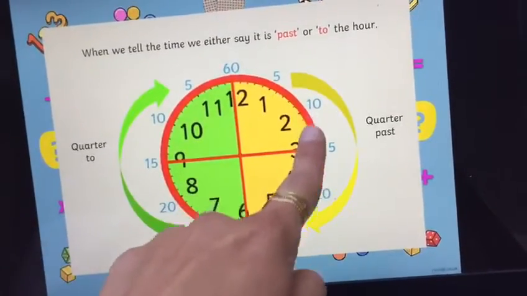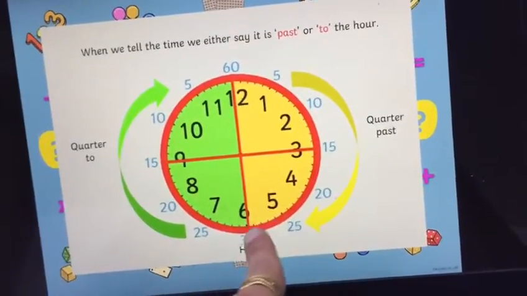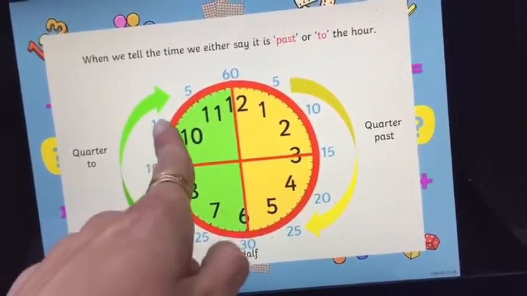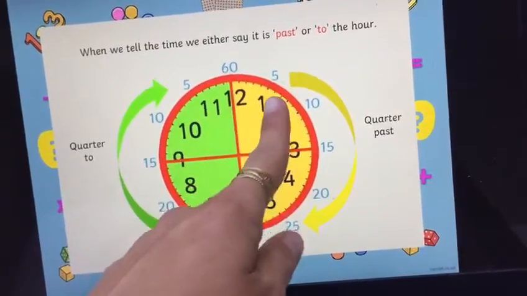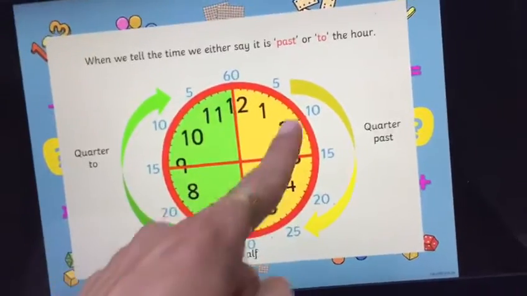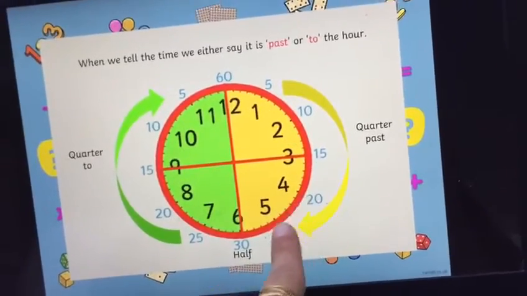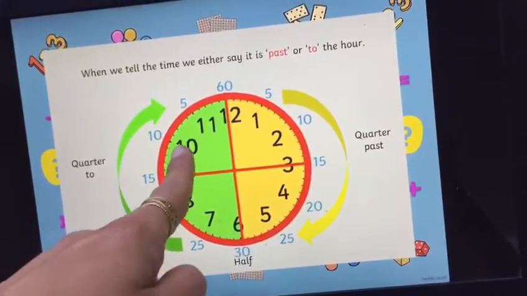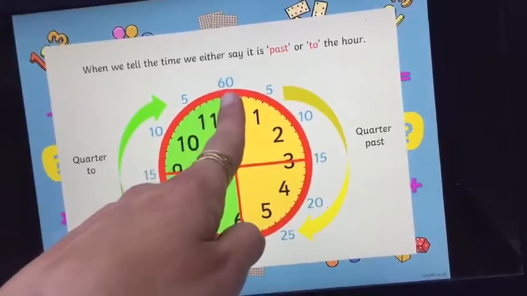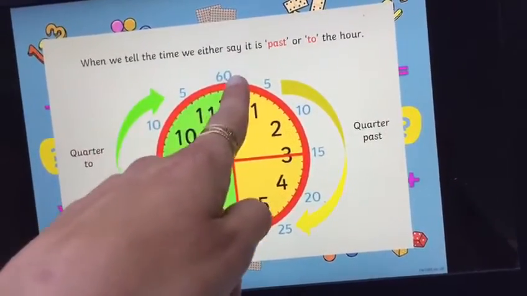All of those numbers, our counting in 5 numbers, can go just around the outside of our clock to help us remember the minutes past and the minutes to times, okay? So our 1 is 5 minutes past, our 2 is 10 minutes past, 15, 20, 25, 30, 35, 40, 45, 50, 55, 60. 60 whole minutes in 1 hour, okay?